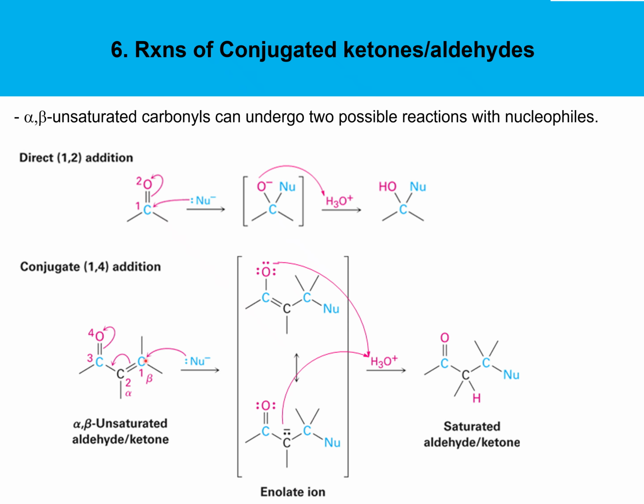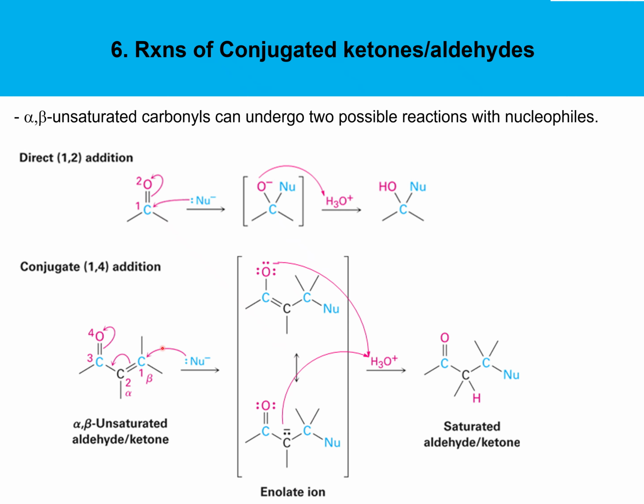In case you're unfamiliar with the terminology, alpha-beta unsaturated carbonyls are compounds like these that contain a site of unsaturation between the alpha carbon, which is the carbon next to the carbonyl, and the beta carbon, which is the next carbon over. This double bond here, as well as the carbonyl, have two sites that are electrophilic, in other words, two sites where a nucleophile can add.